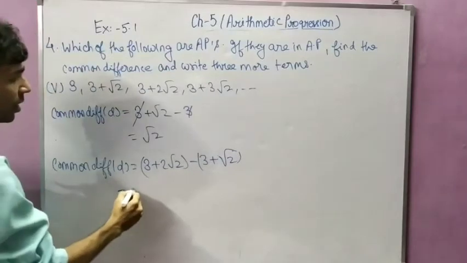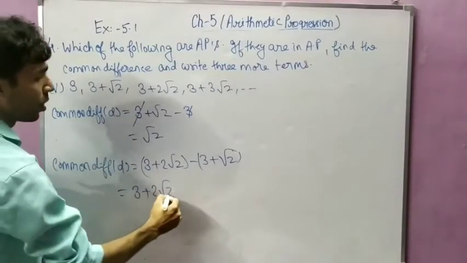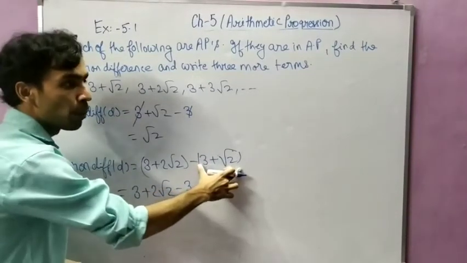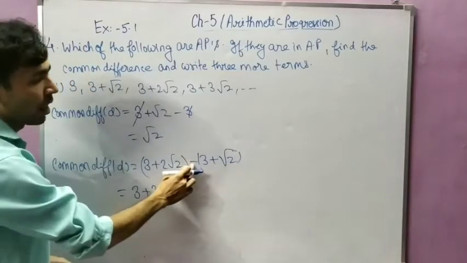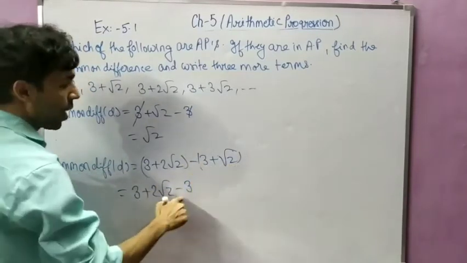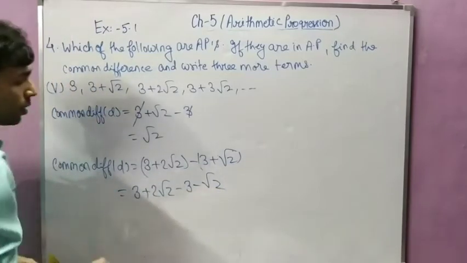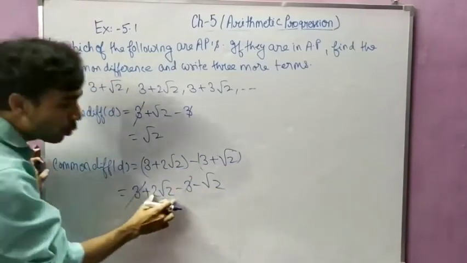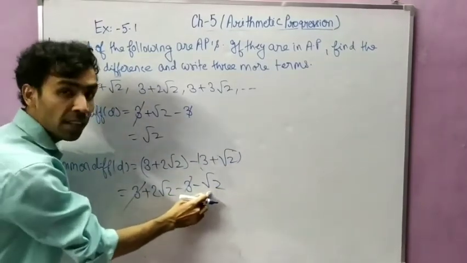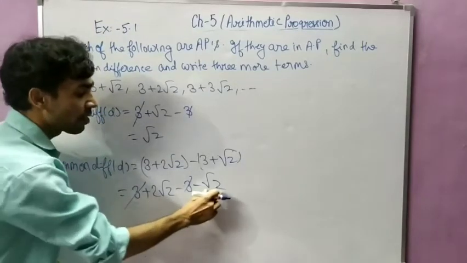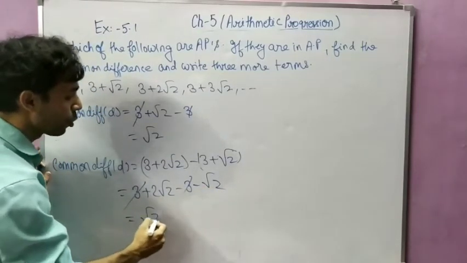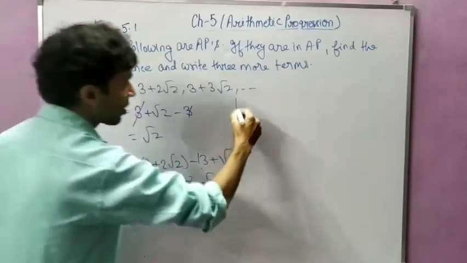Now open the bracket, because minus is here and 2 numbers are there. So minus 3 minus root 2. So 3 cancels, and 2 root 2 minus root 2 will become only root 2. So again the common difference is coming the same.